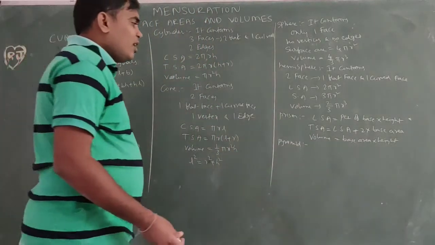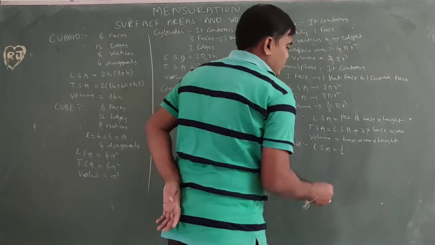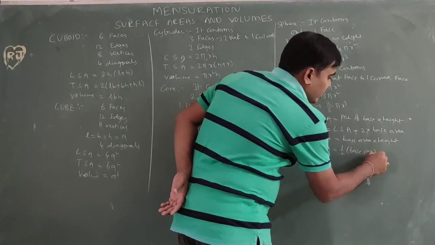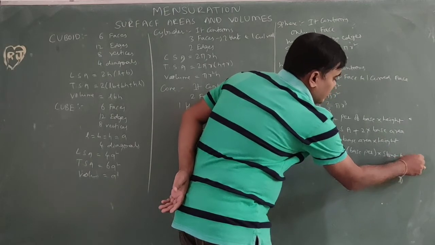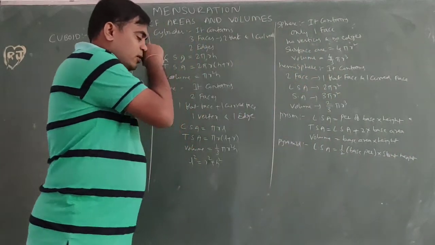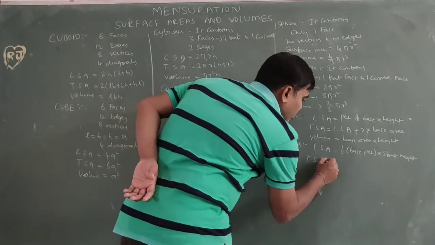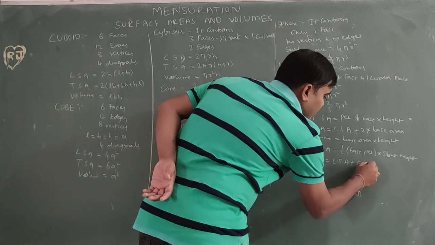So what are we doing? Lateral surface area equal to half of base perimeter into slant height, not height, slant height. Next, total surface area is lateral surface area plus base area, simply one base area.